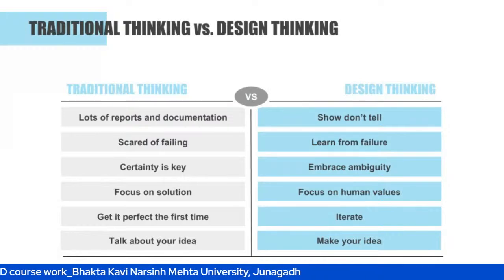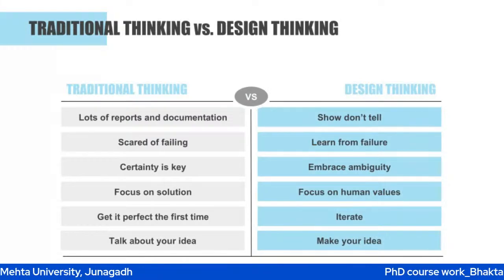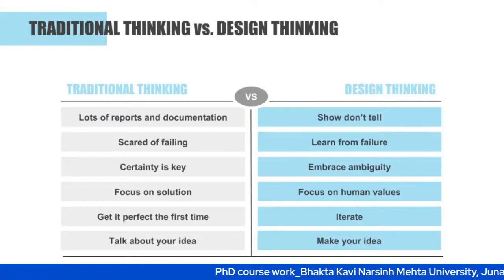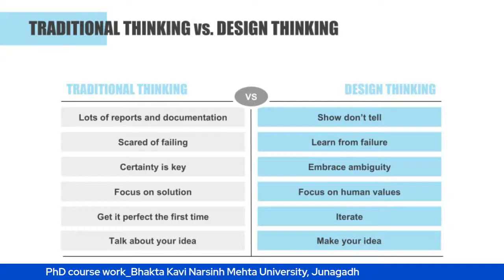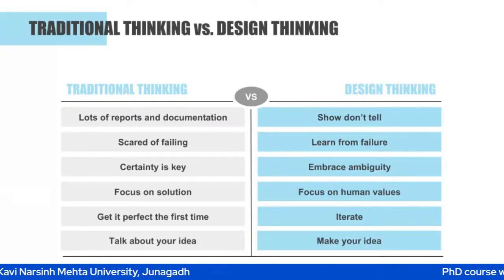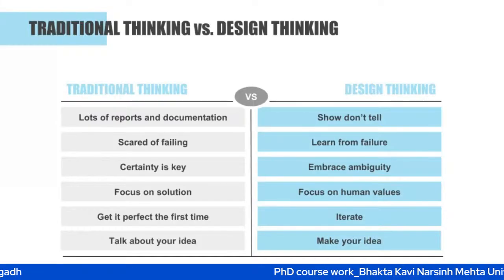Now when we come from the traditional thinker to the design thinker, you can see the difference between the two. The traditional thinker asks for a lot of reports and documentation. They are scared of failing. Certainty is key, they focus on the solution and want to get it perfect the first time. And they always talk about their own ideas only.